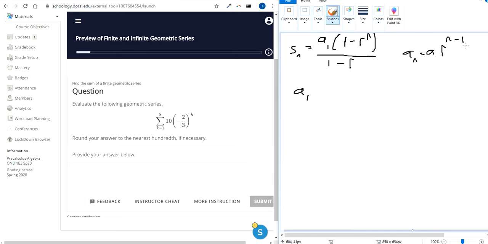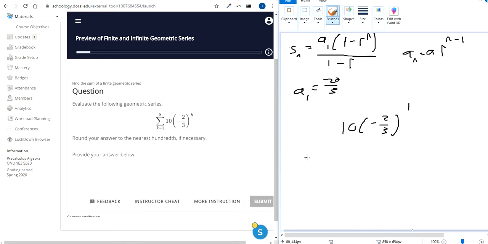Yeah, so actually for this one, the first term of 10 times -2 over 3 to the k, if k equals 1, then the first term is -20 over 3. Just double check that. Yeah, because if you plug in 1 for k, the first term is -20 over 3.